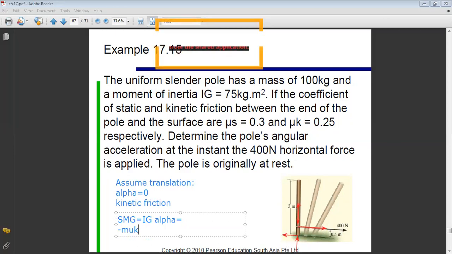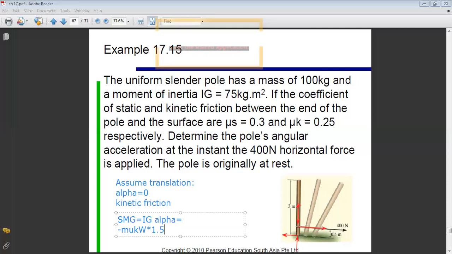And what is N? N is equal to the weight, mg, because along Y, sum of Y equals 0 if I have translation. 98.1. So N is equal to W. So minus μk W times the distance from the point at the ground level to G, which is 1.5.